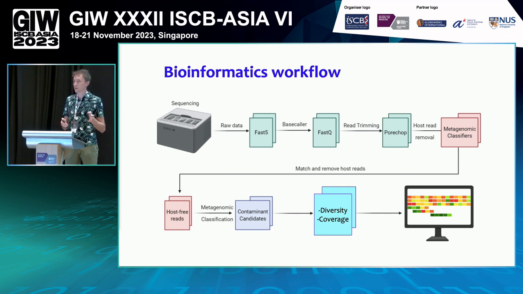You start from your Nanopore electrical impedance signal, you complete the base calling, you clean up your reads, and then you remove the host reads, which in this case would be the barramundi reads, before moving on to metagenomic classification using a viral, fungal, and bacterial database to identify the metagenome that is present. And then we also perform some additional statistical analyses looking at the diversity and the coverage.